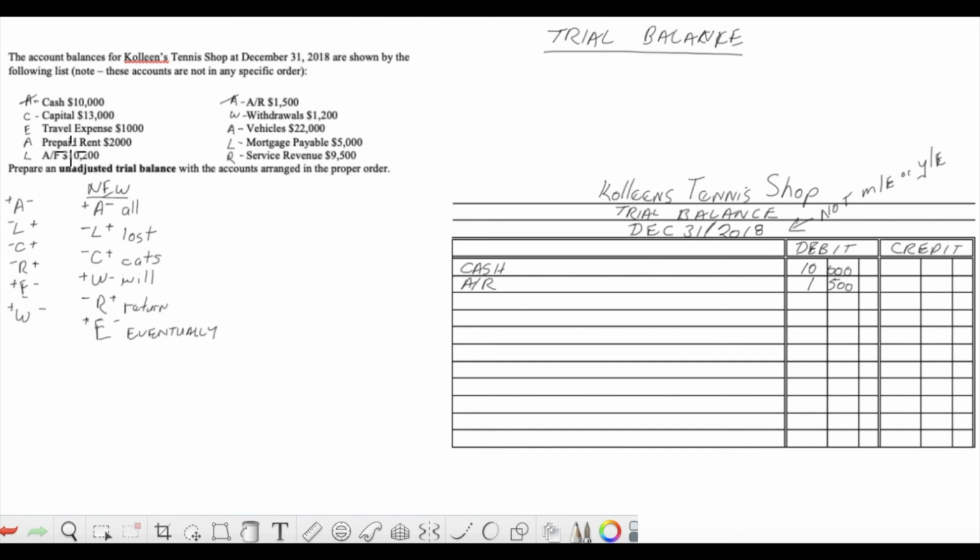So which one's next? Well, we still have the prepaid rent or the vehicle, so we'll do vehicles next because you could go out and sell this for whatever it's worth right away, probably. You might take a loss on it, but you might be able to sell that right away. So this could be vehicle, to be more specific. It could be PPE as well, depending on how it's been categorized. But in this case, we'll just use vehicle, and it's 22,000, and it's on the debit side because it's a plus.